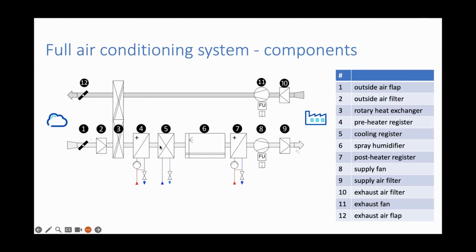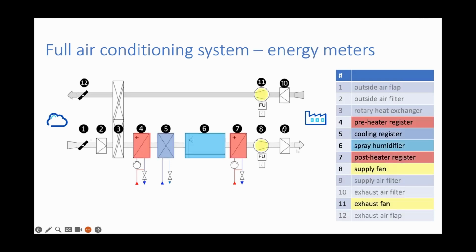We have different registers for preheating, cooling, humidifying, and post heating, and we have some fans. This is the state of today, that we now have energy meters here. So it's a lot of data to analyze and to use.